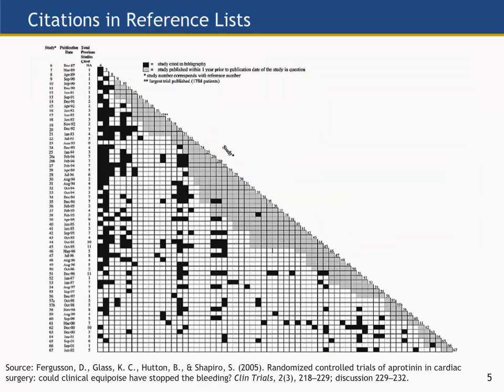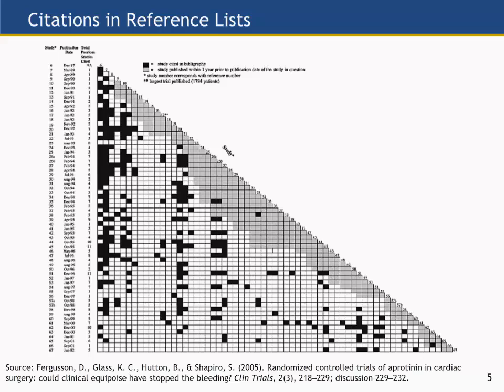I started this presentation back in section 1 with a story about the impact that doing a high-quality search can have on your research and even the life and health of your subjects. This table is taken from another study that I find quite compelling.